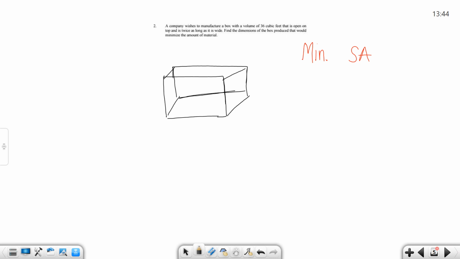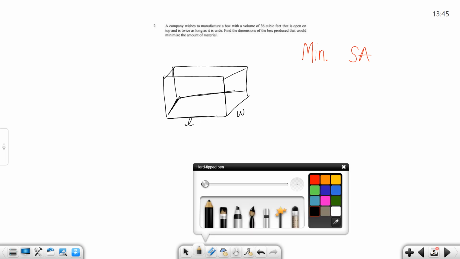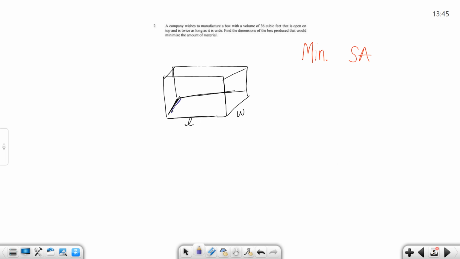Okay, but when you think of this particular box, we want to talk about the surface area of it. And the surface area is all of the areas of all of the sides added together. So this particular box has 3 different measurements. It has the length and a width of the bottom. Okay, so let's color in that shade. So here's your bottom, and that's the length and the width.